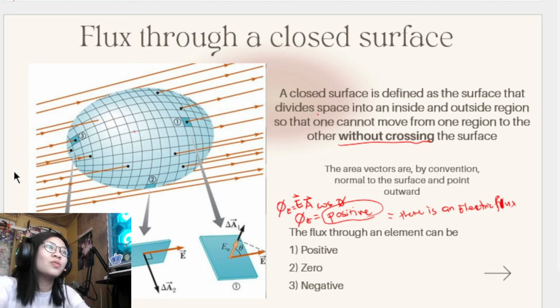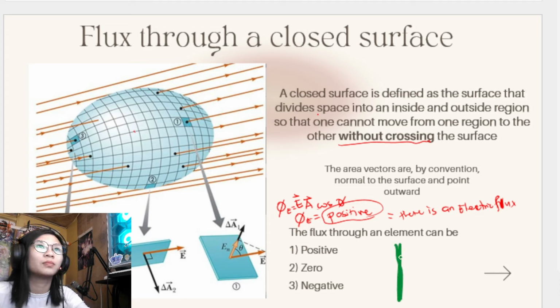So first one, this is surface 1, that is S1. And your A is always outward.